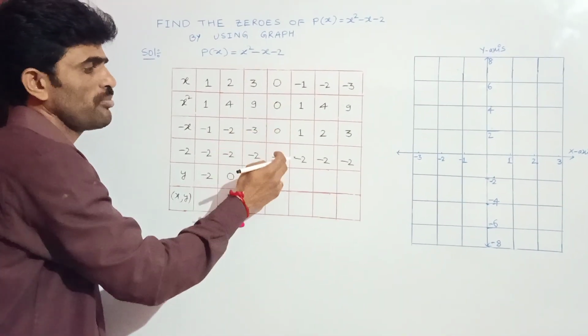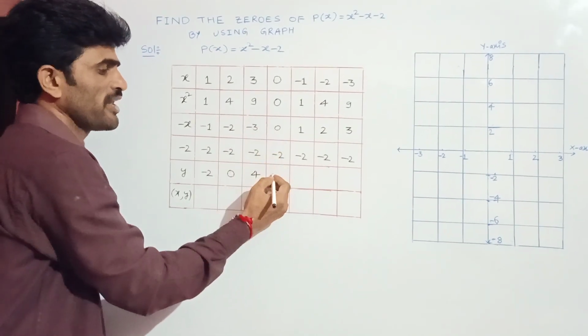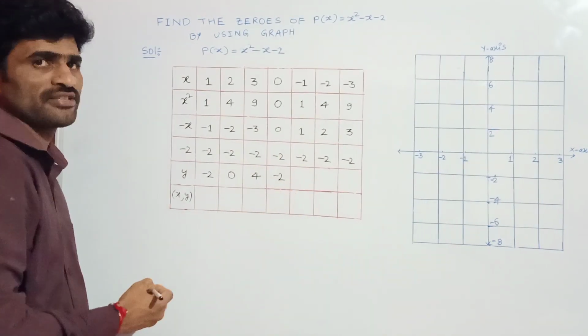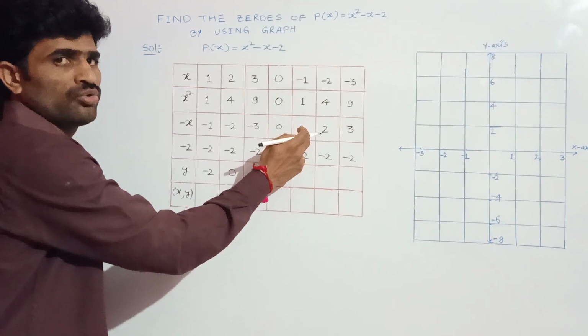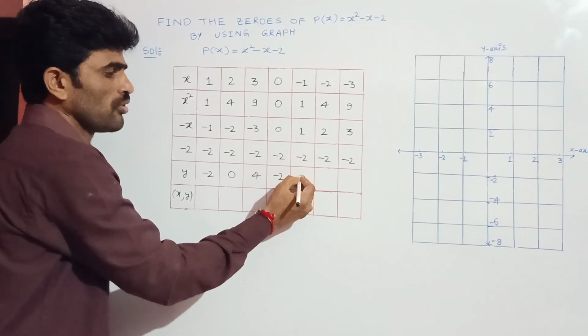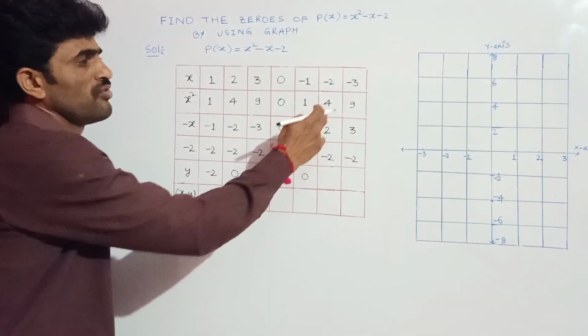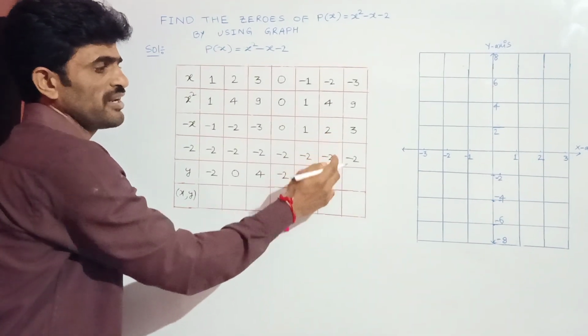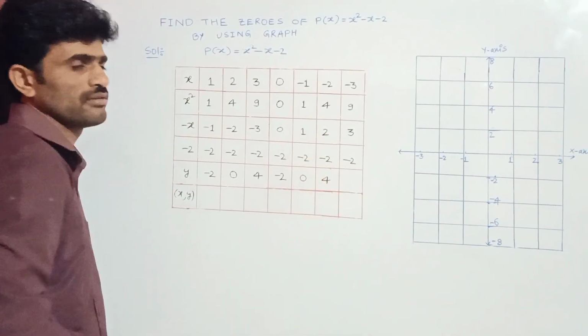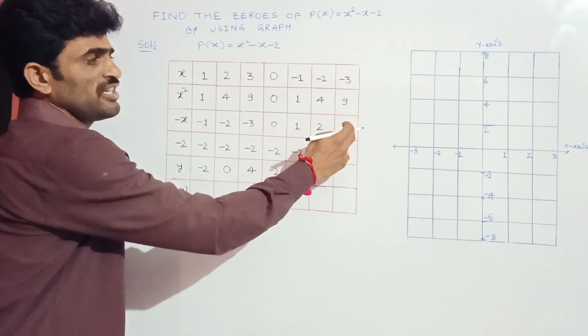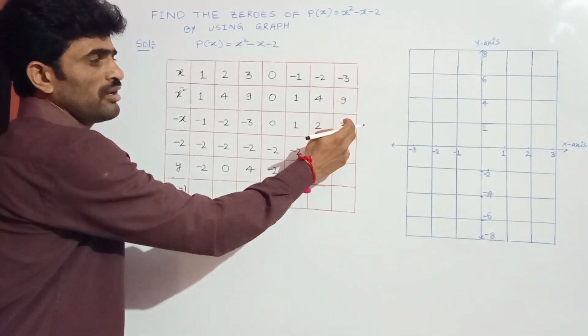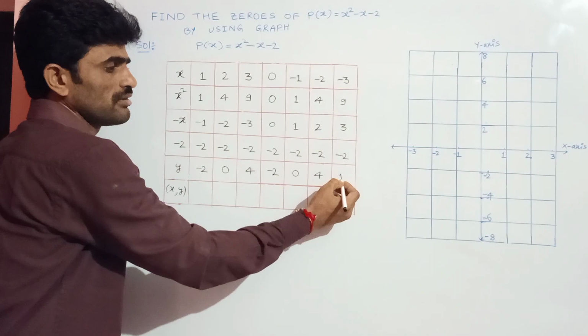Next, 0: everywhere 0 is there, only minus 2 is there, so the result is again minus 2. Next, 1 plus 1 is 2, 2 minus 2 is 0. Then 4 plus 2 is 6, 6 minus 2 is 4 again. Next, 9 plus 3 is 12, 12 minus 2 is 10.